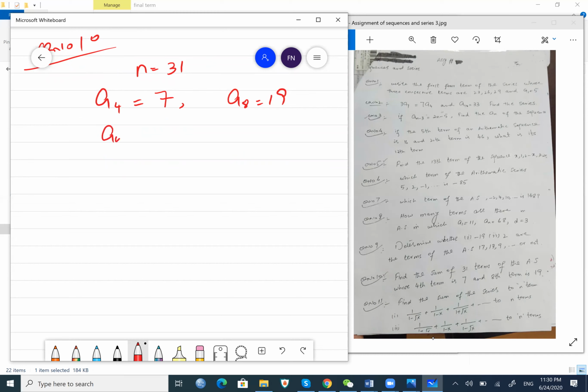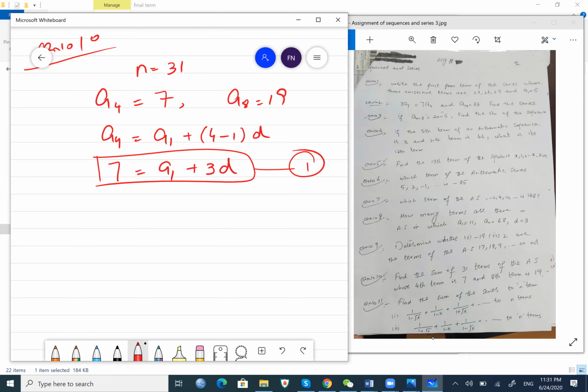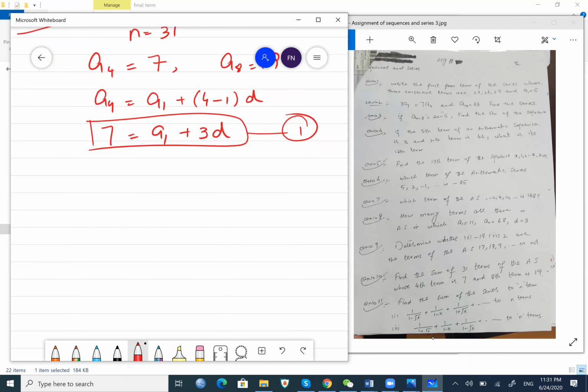So A4, for an arithmetic sequence, is A1 plus 4 minus 1 times D. So A4 is 7. So 7 equals A1 plus 3D. We call it equation 1. We are given the fourth term, so we denote it A4.